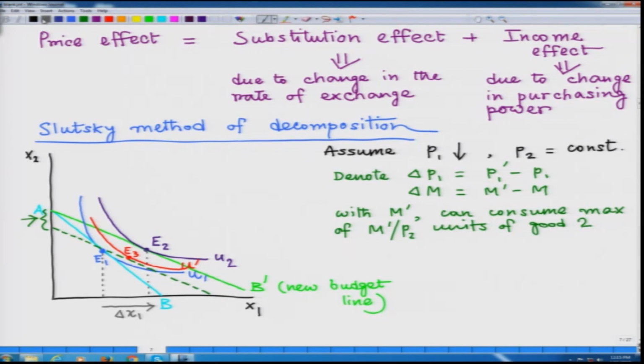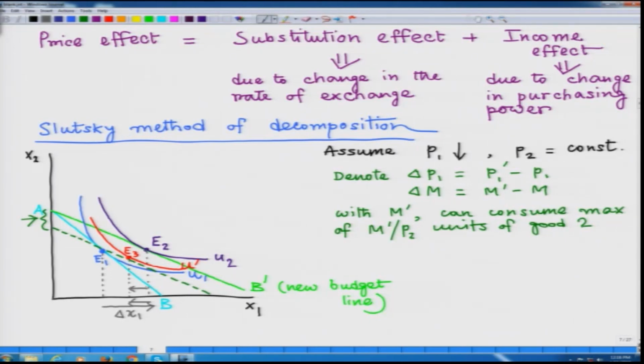So, we can see that as some money income has been taken out from the consumer's wallet, the consumer now has to reduce the consumption of commodity 1, and a fall is noticed of this magnitude.